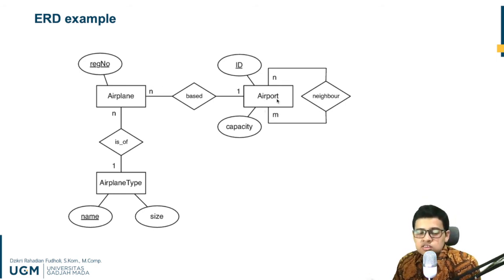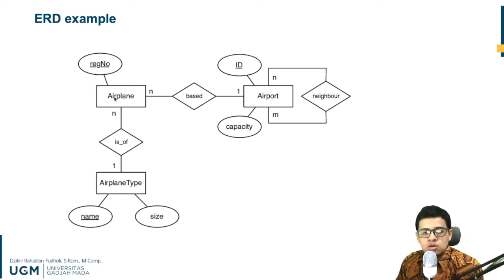We can have a relationship between entities in the same entity set. For example, this airport is a neighbor of some airports. So this one is many to many. This one has the connection between these two, the relationship. Airplane type is of some airplane.